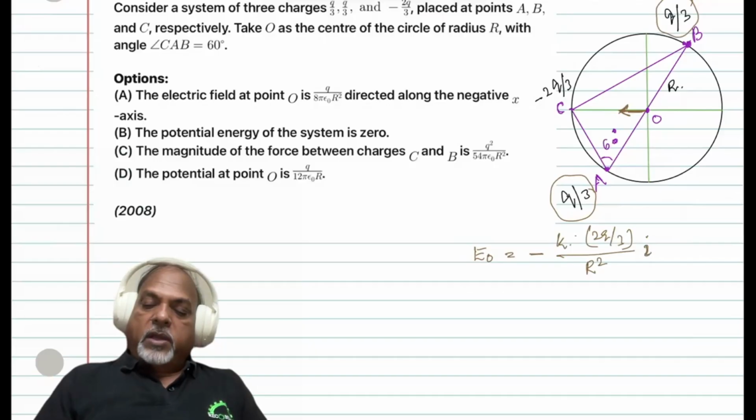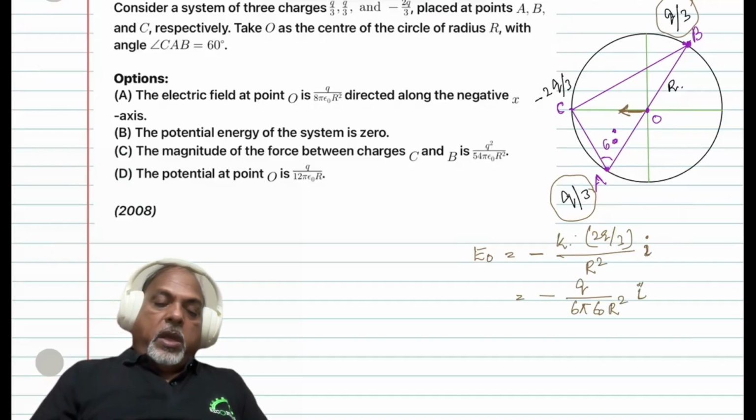Since this is the minus x-axis, you can write it like this, and this will be equal to minus Q upon 6 pi epsilon 0 R square. Here it is given otherwise, so this is not correct.